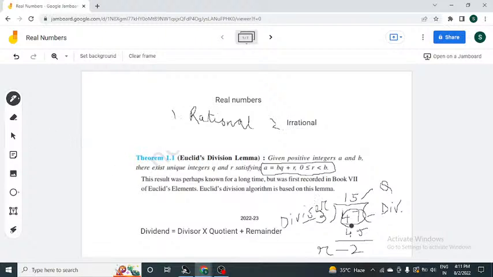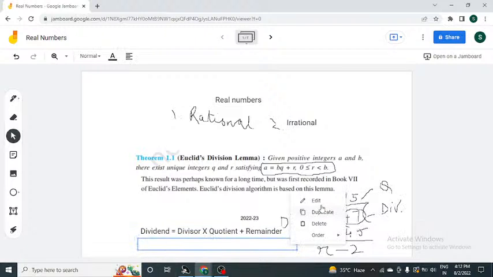And if I want to write this division in the form of Euclid's division lemma, I would write this as: the dividend is 47, and the divisor is 3, and we are multiplying 3 by the quotient, which is 15, and when you add 2 you'll get 47.